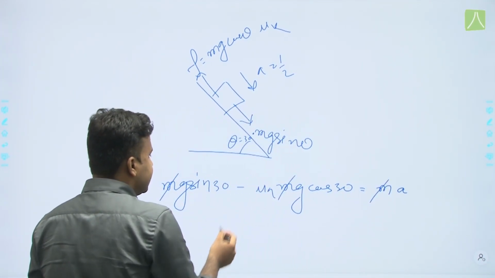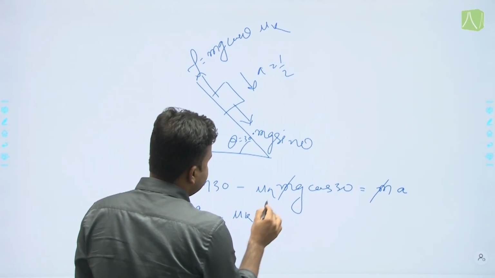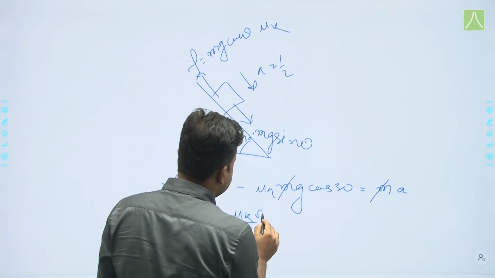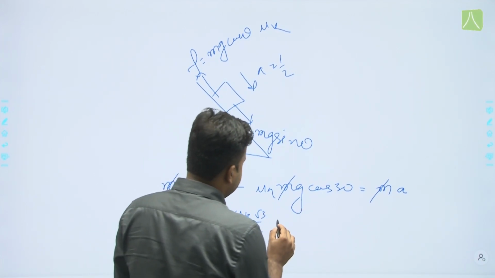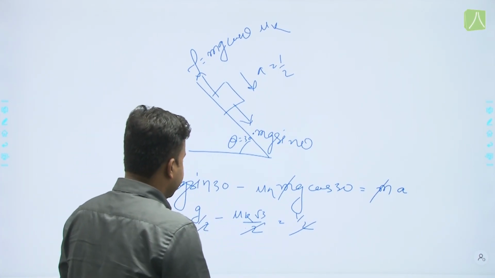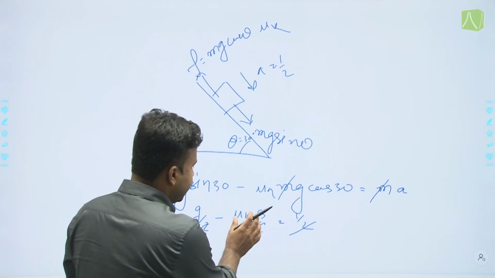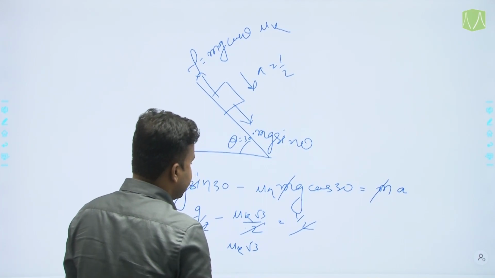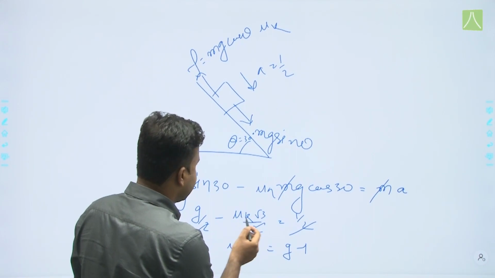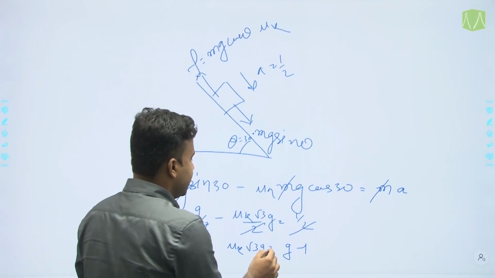Now we have g sin theta, so we can write g by 2 here, minus mu k g cos theta. So mu k root 3 divided by 2 is equal to g by 2 minus 1 by 2, again 2 cancels out. From here we have to calculate mu k. So mu k, bringing this to this side, mu k root 3 is equal to g minus 1. There was a g here also, sorry, it's g.